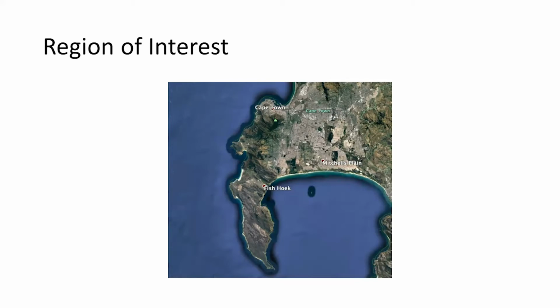The reason is that I'm currently working on another project to detect slum areas in developing countries from remote sensing data like Landsat and Sentinel-2 data. Cape Town has a lot of slum area, so it's a very good area for slum detection study. So I chose this area as the region of interest.